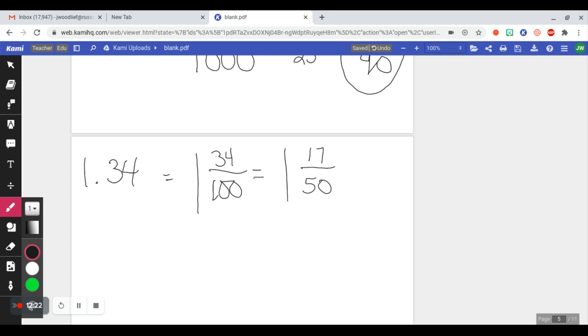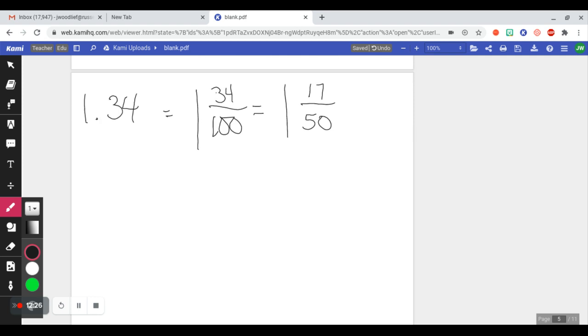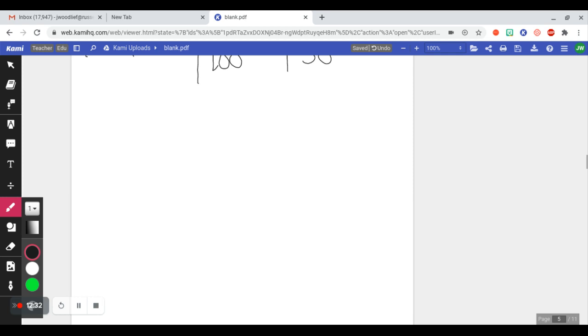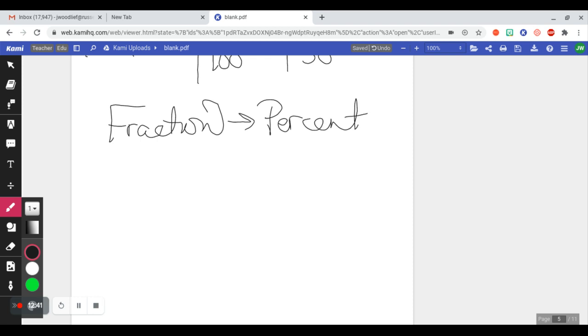Now, the one thing sometimes they'll say is go from a fraction to a percent, or go from a percent to a fraction. If you go from a fraction to a percent, you can go from a fraction to a decimal, and then a decimal to a percent. That's fine. Some of them, though, let's say you have 1/2.